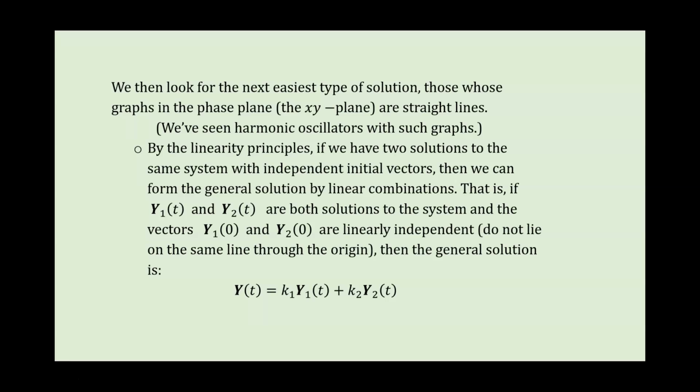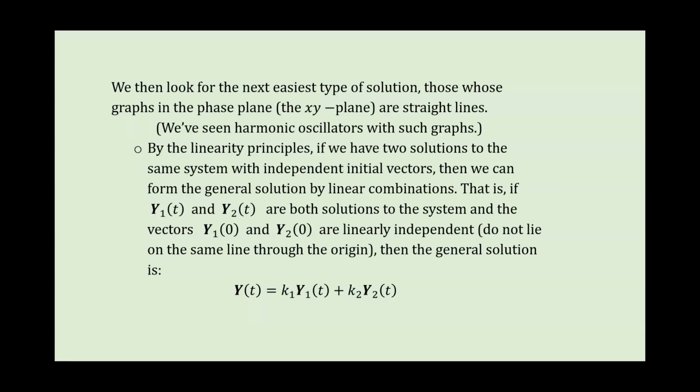That is, if we have two solutions y1 and y2, these are vector valued functions that are a solution to your system, and the initial vectors at t equals 0 are linearly independent, then, and again, what that means is they don't lie on the same line through the origin, then a general solution, I should say not the general solution, but a general solution, because there's more than one way to write out a general solution, but we're talking about these fixed solutions that we are given or have found that are independent initially, then we can build a general solution by taking sums of scalar multiples.